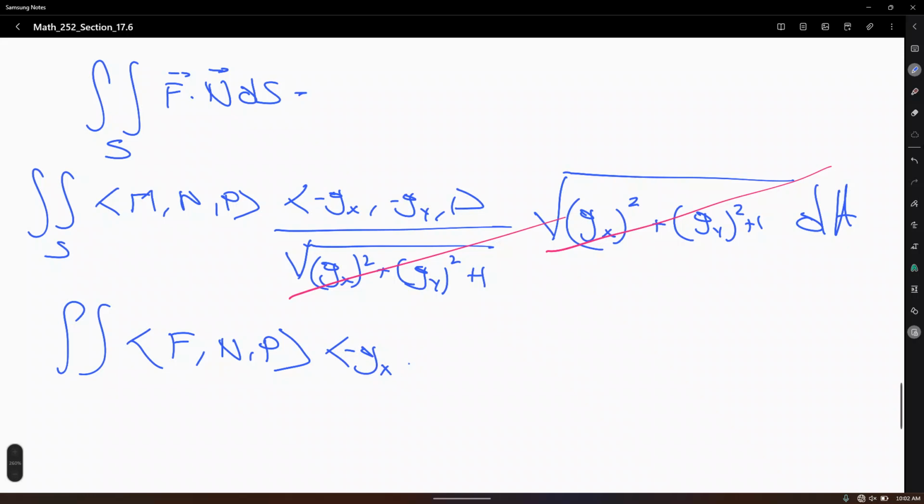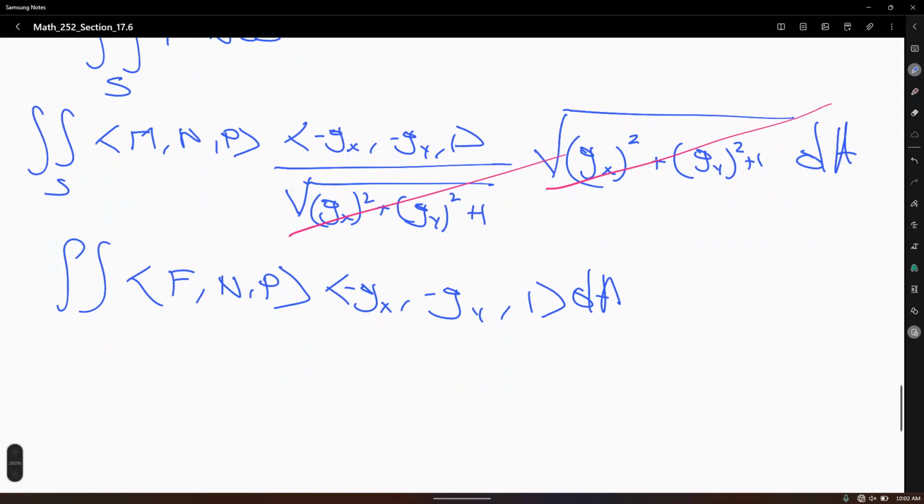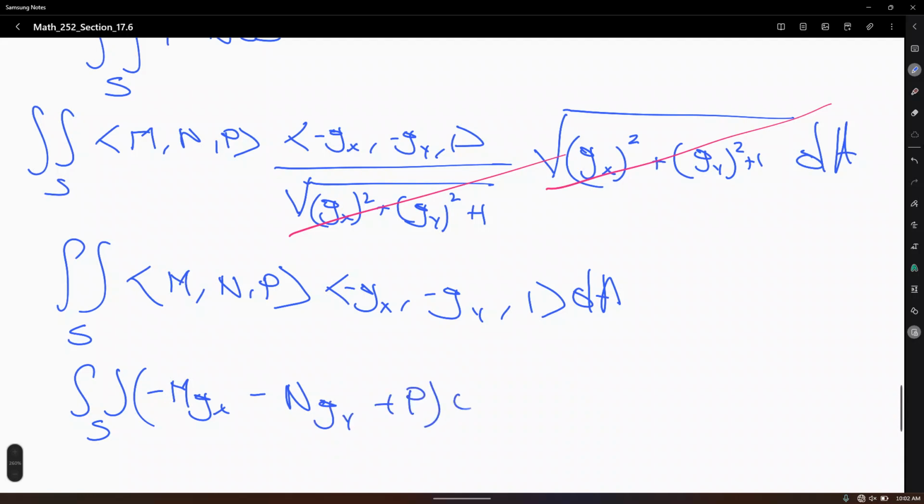Negative g with respect to x and negative g with respect to y, and 1. Do the dot product between these two vectors. Come on, you guys can do dot products, right? So negative M g with respect to x, minus N g with respect to y, plus P dA.